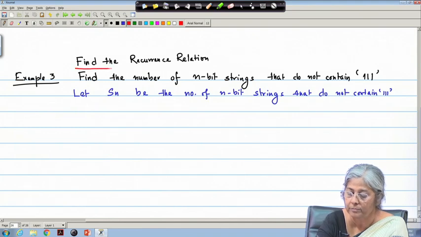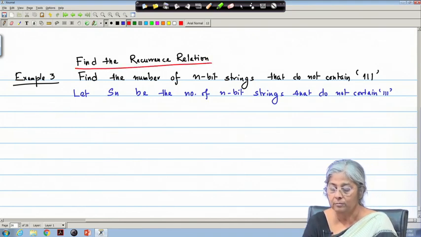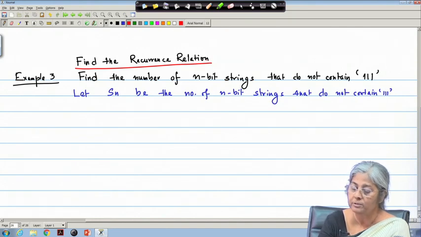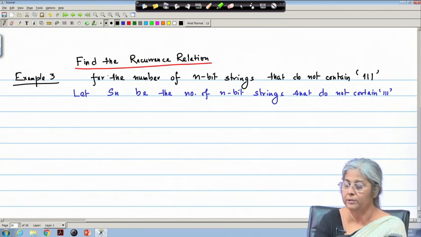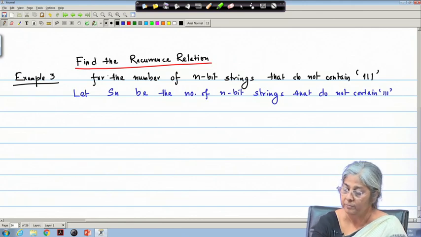So, our problem is to find the recurrence relation for the number of n bit strings that do not contain 111.